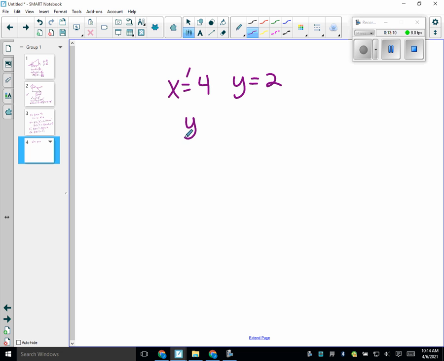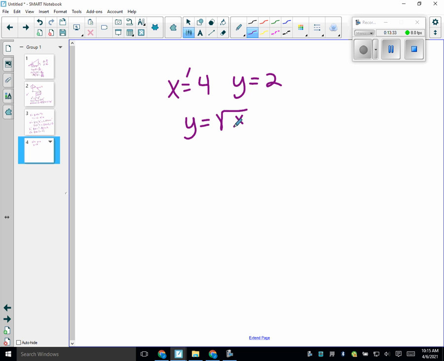And I know y equals radical x. So what is the value of dy over dt when y is 2? What is dy over dt? Y prime. Do you all agree with that?